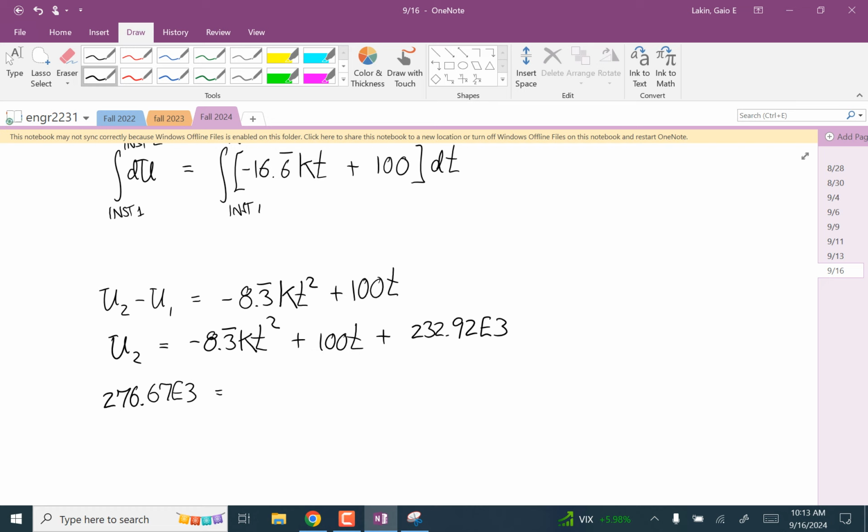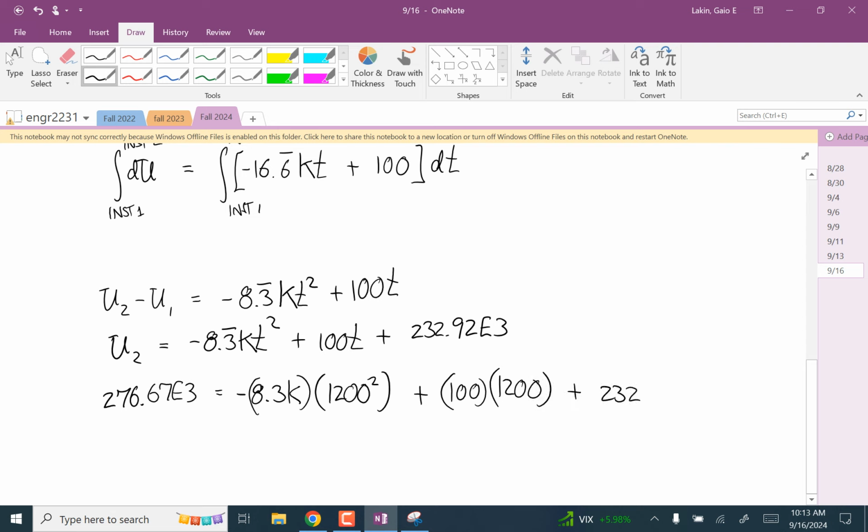So negative 8.3 K times 1200 squared plus 100 times 1200 plus 232.92 times 10 to the third. And then you can solve for that K.